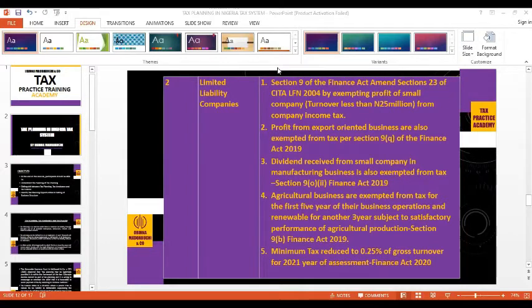Hello, Mr. Obina. Yes. Please permit me to add a little submission for the benefit of our colleague out there. For the purpose of minimum tax and gross turnover, please take note that the Finance Act 2019 actually defines what constitutes gross turnover.